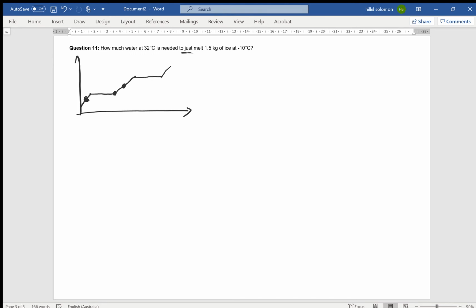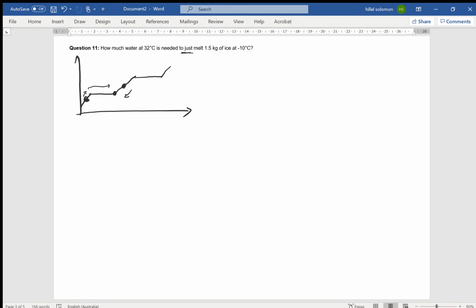We don't want the water to warm up at all. We just want all the ice to melt. So the amount of heat that the warm water loses as it goes from 32 degrees down to 0 needs to be the same amount of heat that the ice gains as it warms up from negative 10 to 0 and then melts. Let's write down our values.